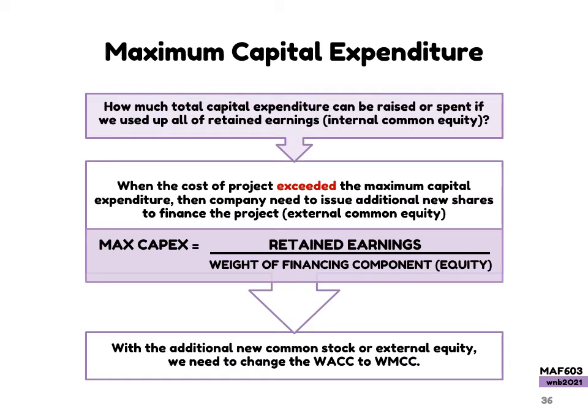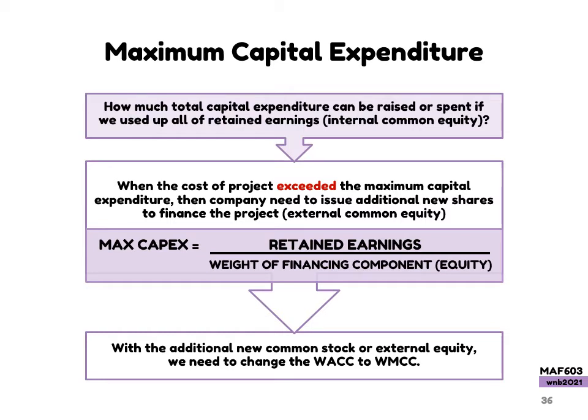Okay, next we are going to look at maximum capital expenditure. So how much total capital expenditure can be raised or spent if the company or the firm has already used all of its retained earnings. Kiranya semua dia punya internal common equity tu semua dah guna dah.